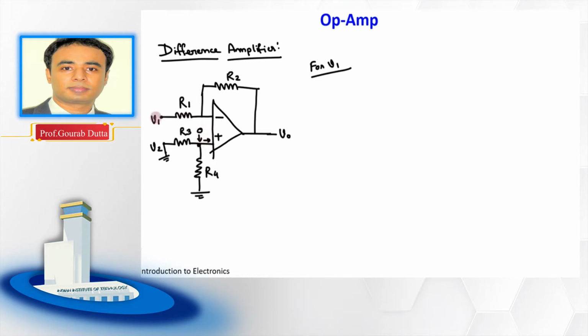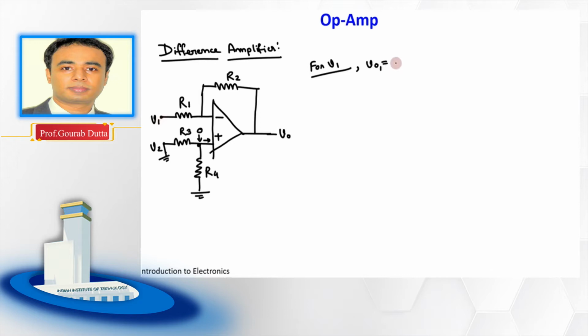So then you can see the remaining part of this amplifier is nothing but an inverting amplifier, right? And for this inverting amplifier, this input is V1. So what will be the output for V1? Let us say VO1, to denote the output corresponding to this input V1.